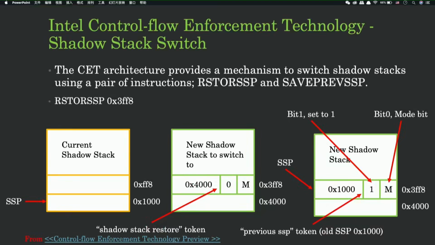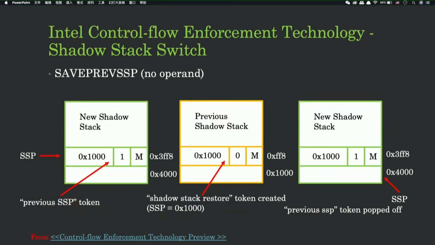So what we're doing here is replacing this with a previous shadow stack token, because we need to go back to here. Since the current SSP is pointing to 0x1000, we copy the address to here, and then this one marks it as the previous SSP token. So now this is created, and the previous SSP token is in place.